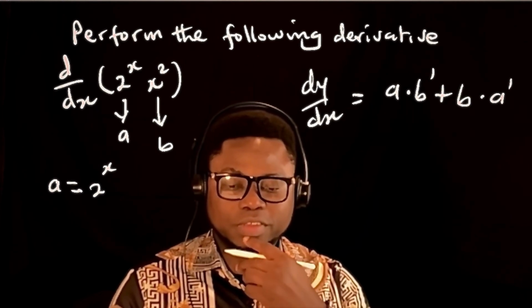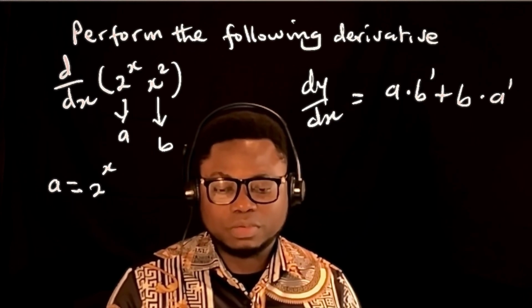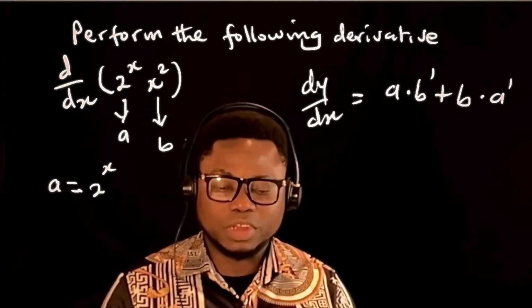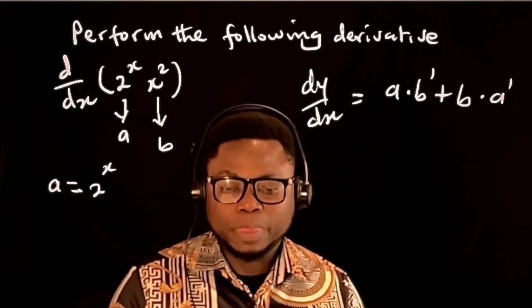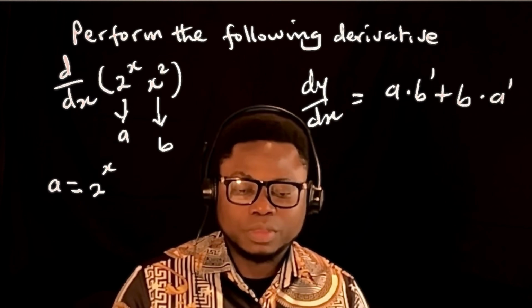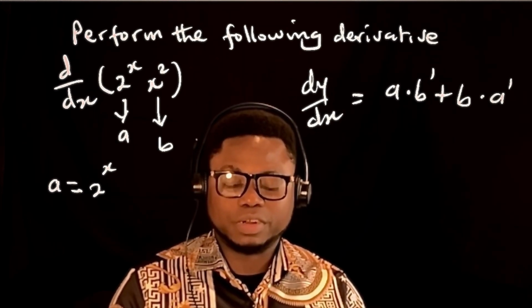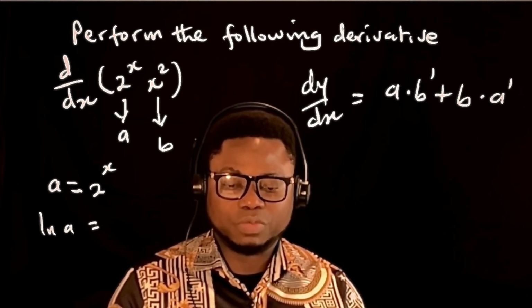So in this case, first of all, I have to find a way to eliminate the exponent, which is x. Because ordinarily it should be x raised to the power of 2, but here it is 2 raised to the power of x, so upside down. So what I need to do is to take logarithm, natural logarithm, that is ln, of both sides of the equation.